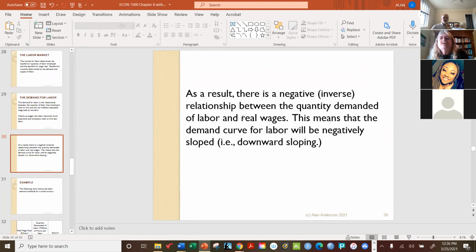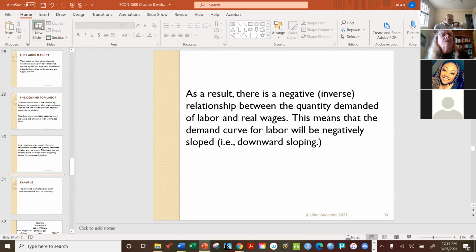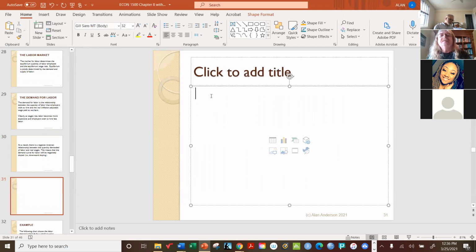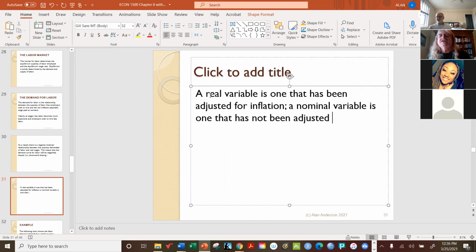One more thing I just want to mention here: we're thinking in terms not of nominal wages, but real wages. Let me just quickly remind everyone what that's all about. A real variable is one that has been adjusted for inflation. A nominal variable is one that has not been adjusted for inflation.